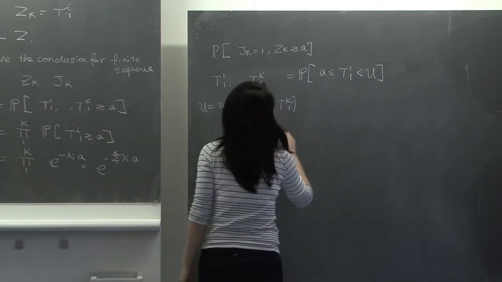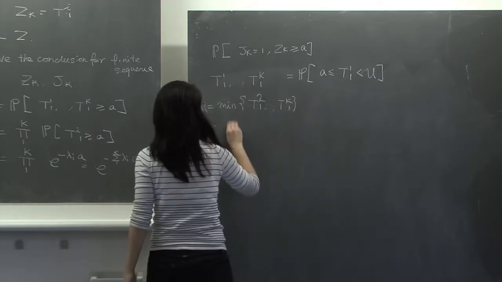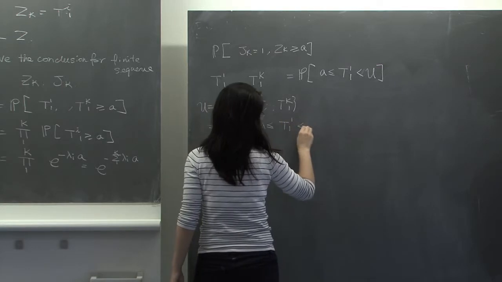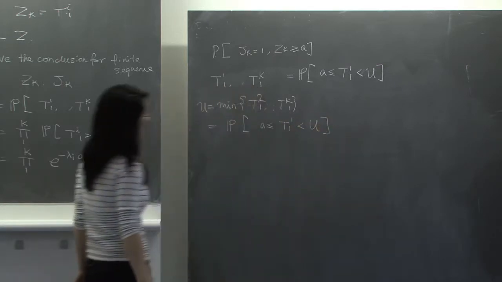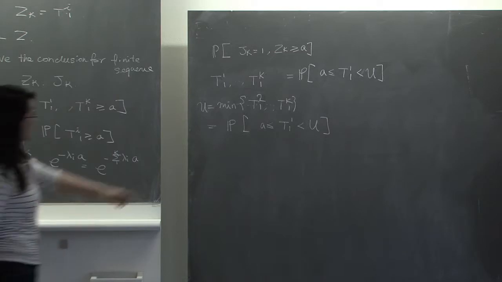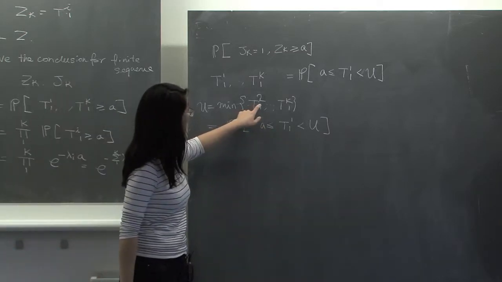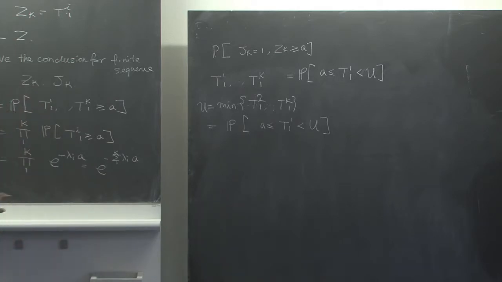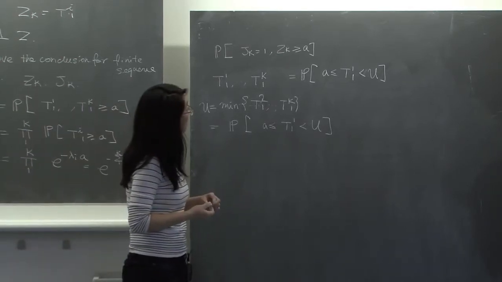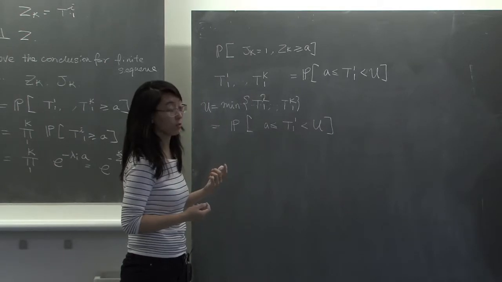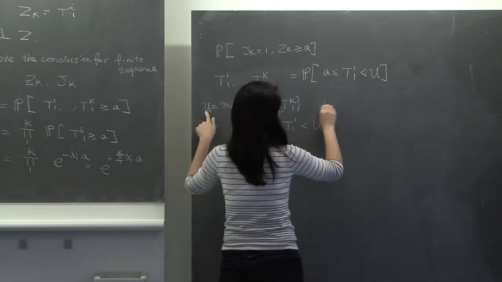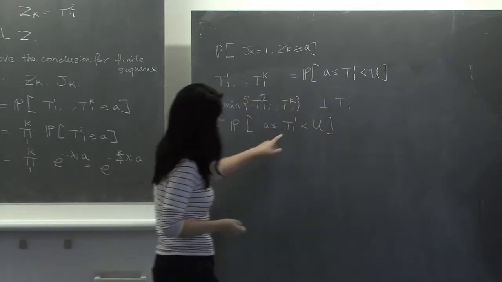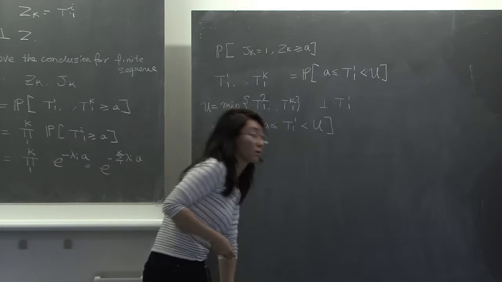And now let us check the probability of this event. Here, U is the minimum from the second process to the kth process. Because the processes N1 to Nk are independent, we know that U is independent of T11. So now they are just two independent random variables.